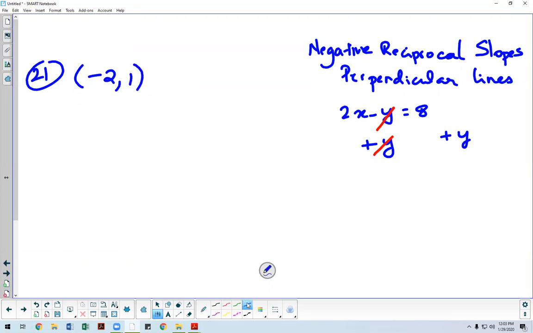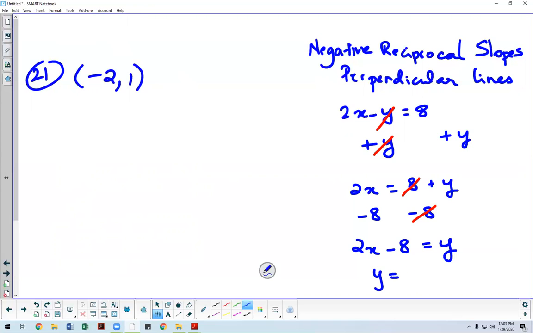So we are left behind with 2x equals 8 plus y. And we're trying to get y by itself, so you're basically subtracting the 8. And we end up getting 2x minus 8 equals y. And then you can rearrange it if you like as y equals 2x minus 8.